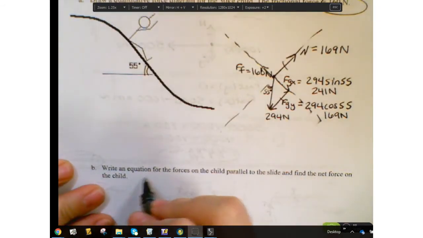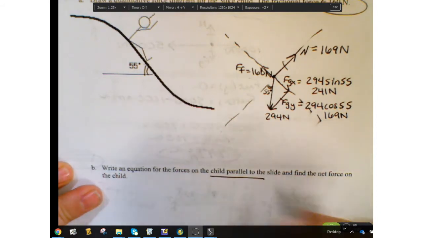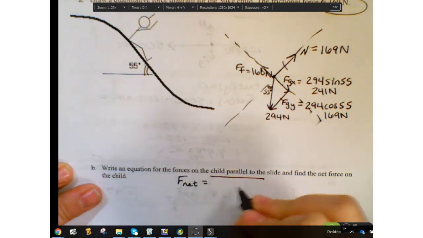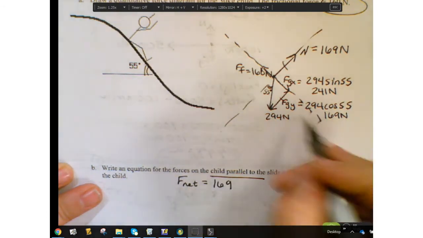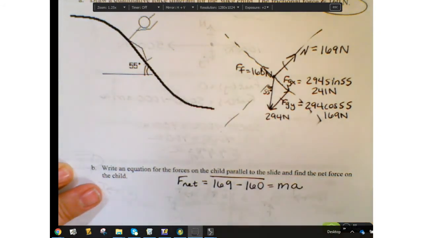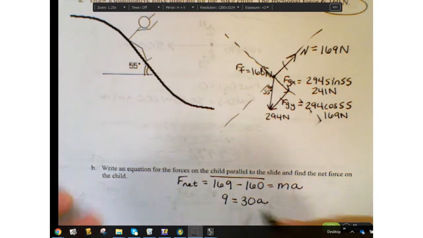Part B says write an equation for the forces on the child parallel to the slide. So our net force equals 169, this FGX, minus the force of friction, which is 160, and that's going to be equal to mass times the acceleration. So we have 9 newtons of unbalanced force equals 30 times our acceleration.